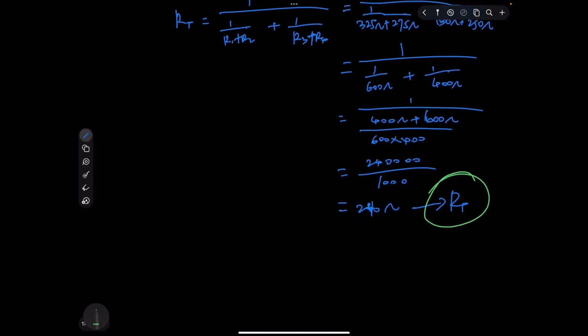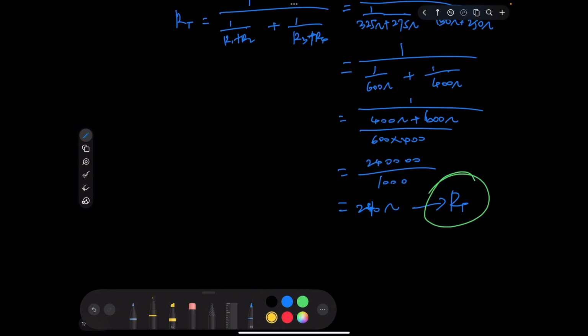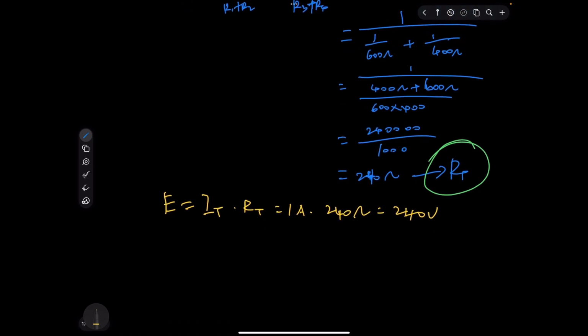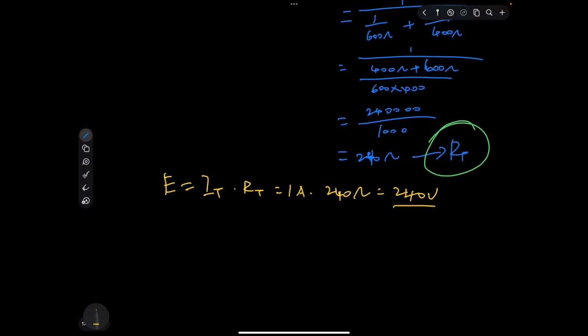That's RT here. After we get RT, we can get E, which is E equals IT times RT equals 1 amp times 240 ohms equals 240 volts. After we get the voltage, we can get the current for R1, R2 since they are in series.